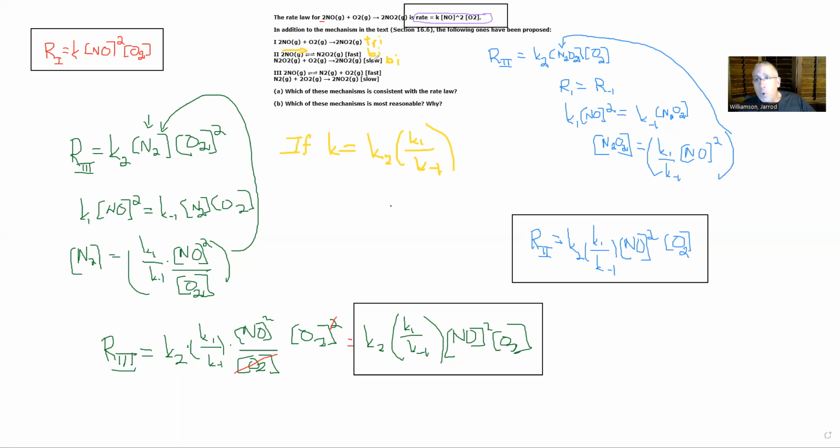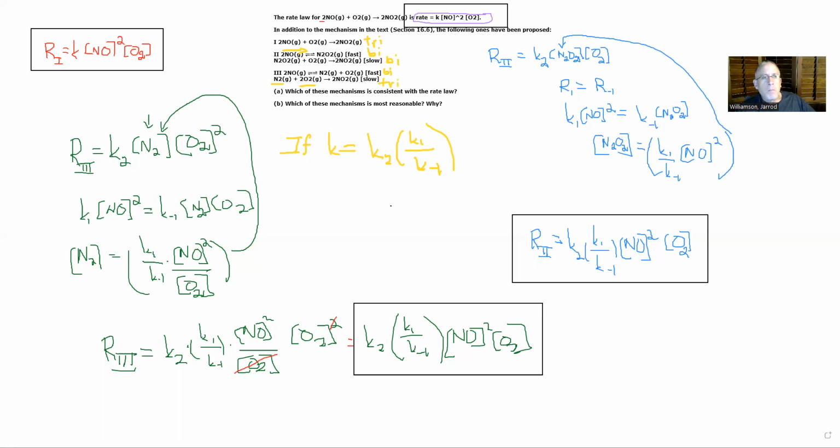That's more complicated. 3 colliding at the same time is much less likely than 2 colliding, and then afterwards 2 colliding after that. This one here, this step is bimolecular. And then this step is 1 molecule and then 2 more. So this is trimolecular.